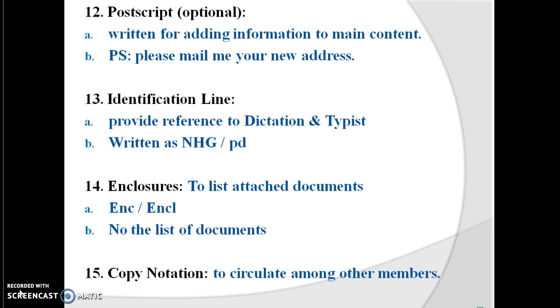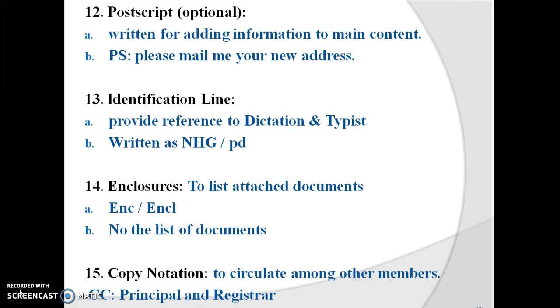It is written as follows: CC, principal and registrar. Maybe somebody else has received a letter in your organization, but if the person intends to circulate that letter to more than one person, then we include that in the CC.